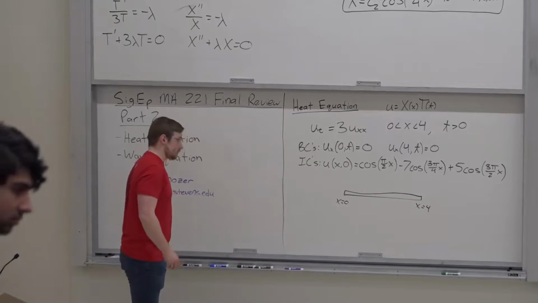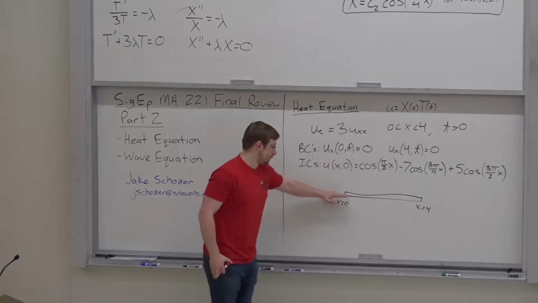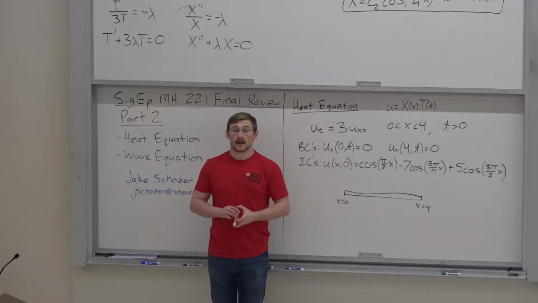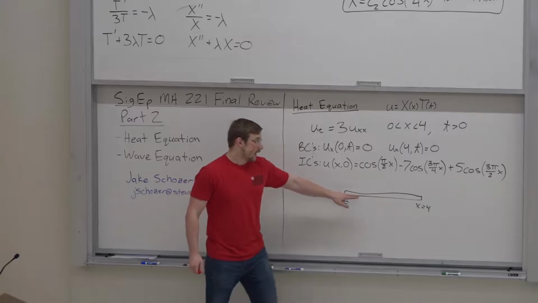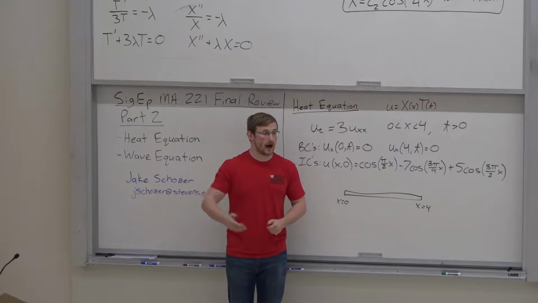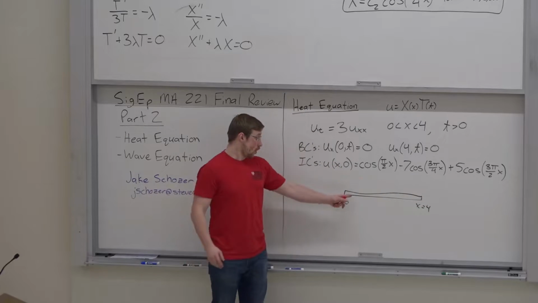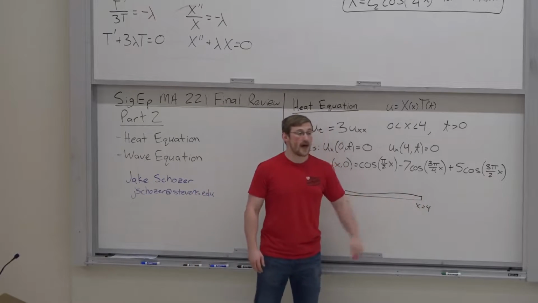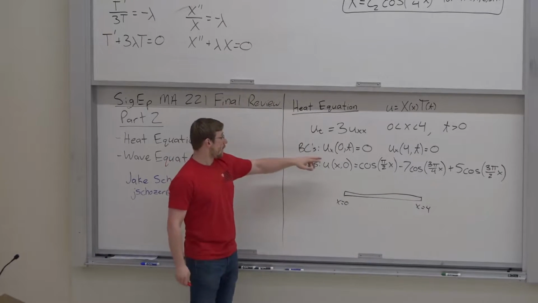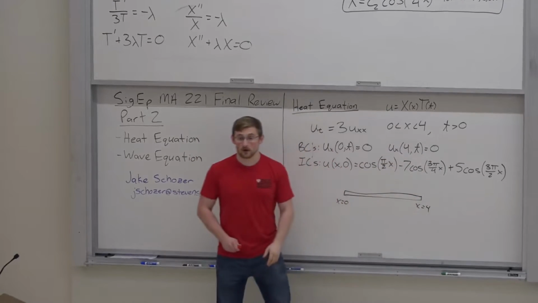What this is saying is that the derivative with respect to x at either side is 0, so the temperature is not changing at either end. The scientific reason behind that is both ends are insulated, which means no heat can transfer across this line or across that line because there's insulation there. That explains why u sub x at both ends of the rod is 0.